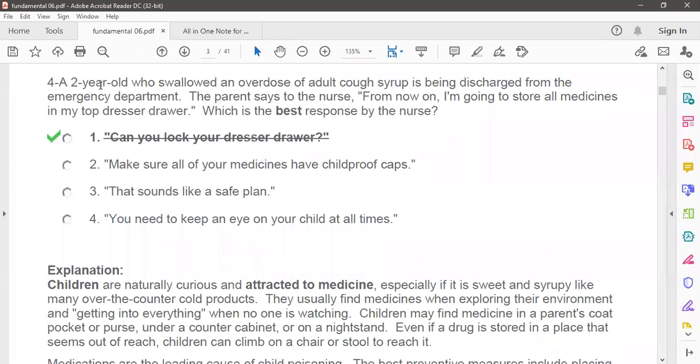So a 2 years old has swallowed an overdose of adult cough syrup. So our patient is only 2 years old and came to the hospital because of swallowing an overdose of adult cough syrup. You know, cough syrup is sweet stuff.